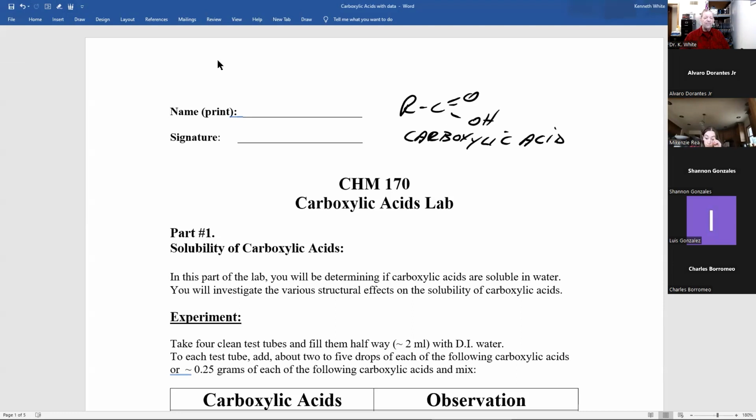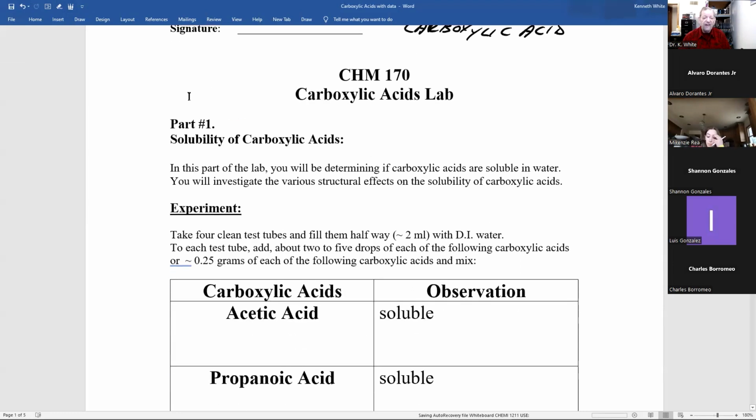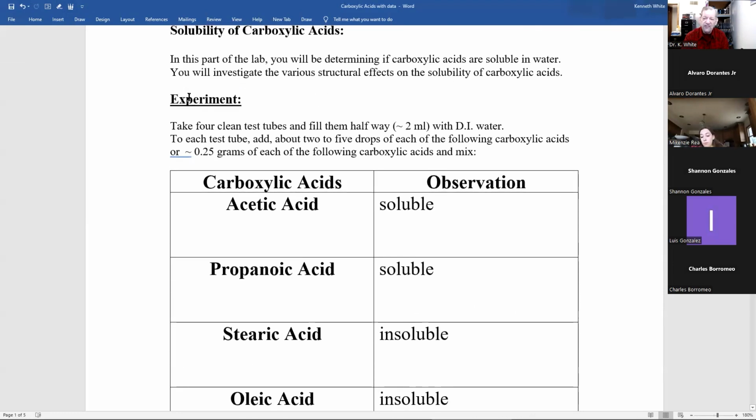Now here, the first thing we're going to do is find out the solubility of carboxylic acids in water. As we've done all semester, if we were face to face, you take a small test tube, put some deionized water in there, and put a small amount of the carboxylic acid, mix it like this, or use the vibro mixer, which are much more fun.